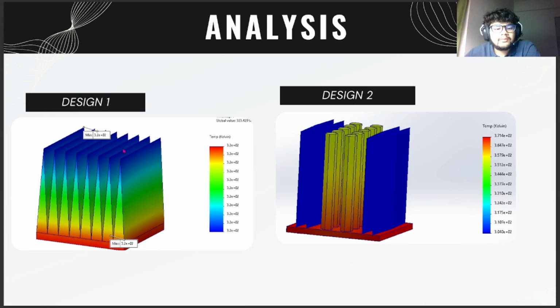The blue is the coldest point of temperature, and the red one is the hottest temperature. So the coldest temperature is 3.2 exponent power of 2, and the hottest point of temperature is 0.2 exponent power of 2.